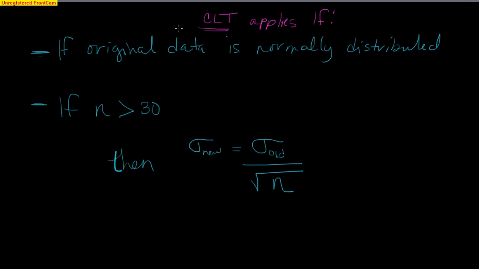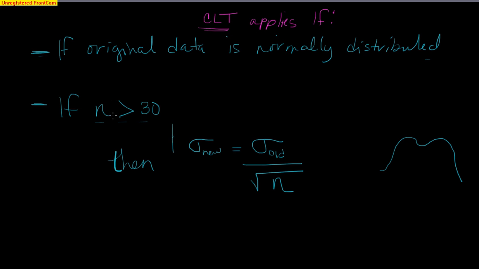So in conclusion, we just want to remember, and there are some questions on this in your homework, the central limit theorem applies if your original data is normally distributed, then it works regardless of your sample size. If your original data is not normally distributed, like our weights, which was bimodal, then your sample size should be over 30 in order to be able to use the central limit theorem.